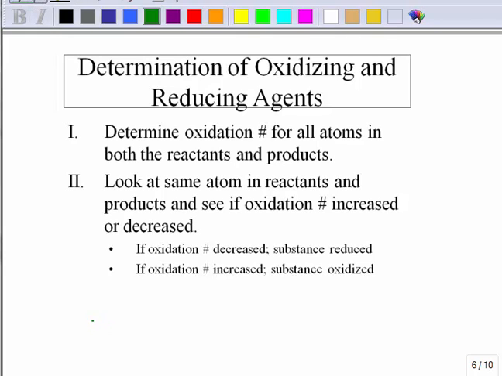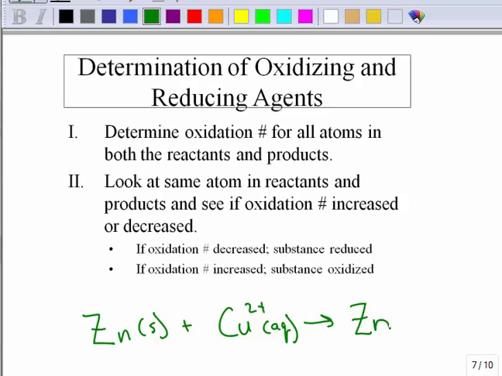So for example, when we reacted zinc metal with aqueous copper ions, we underwent a spontaneous redox reaction to produce aqueous zinc ions and solid copper metal.